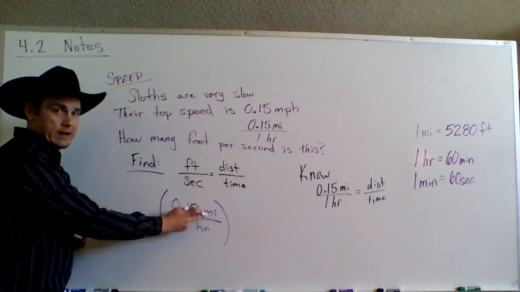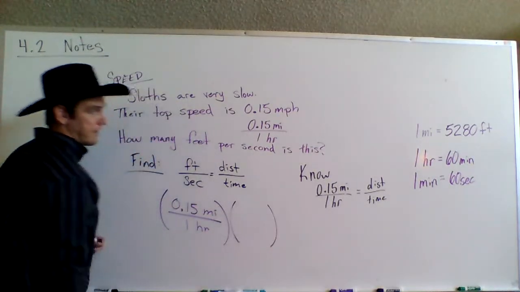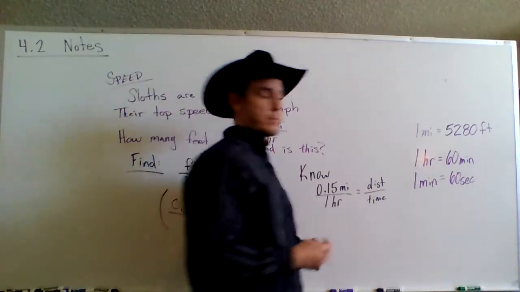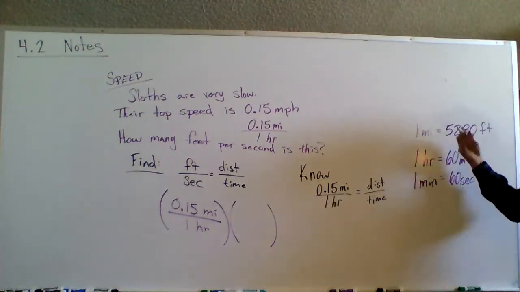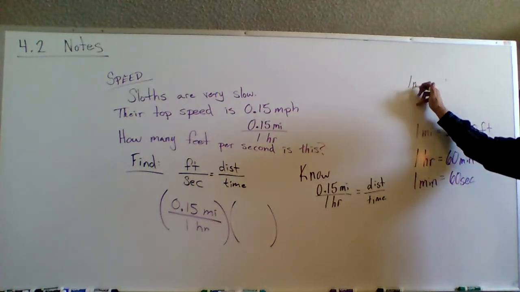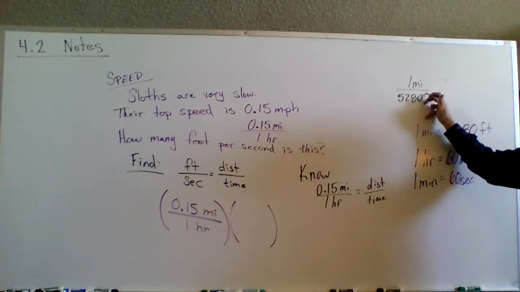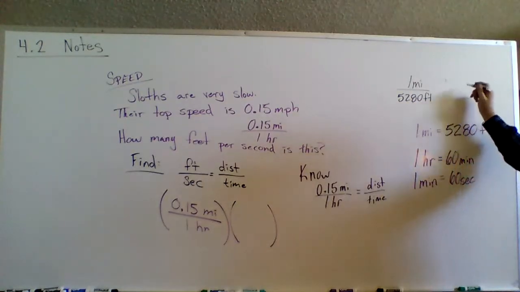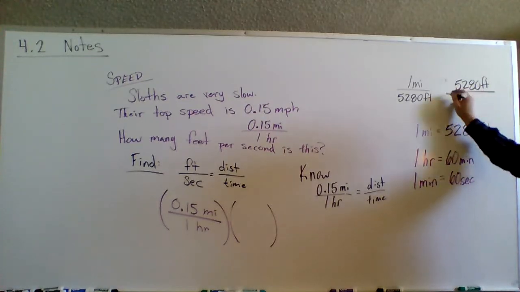I have miles right now. I don't want miles. So I have 2 options with this. 1 mile is 5,280 feet. So I could either put it as 1 mile over 5,280 feet, or I could put 5,280 feet over 1 mile.